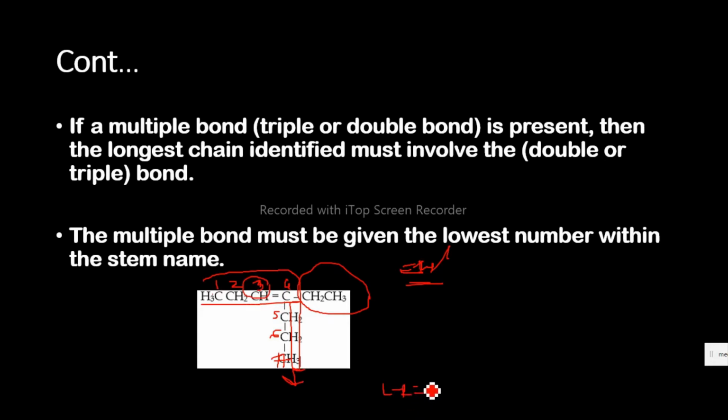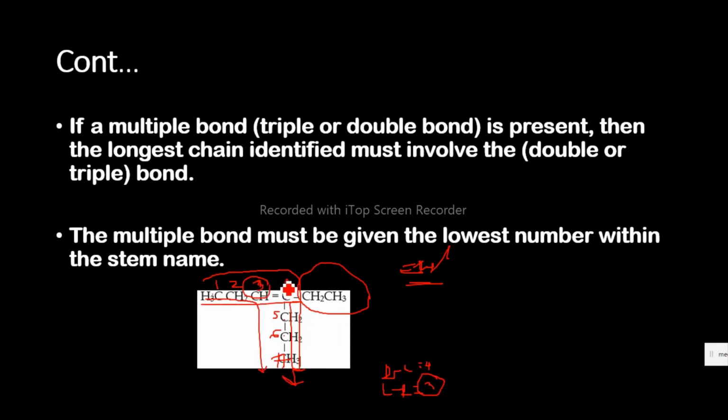But if you count from right to left, the double bond is going to be on carbon number 4. But we take the number that gives us the lowest locant, the lowest position of the double bond. So therefore, we shall take 3. So we shall count from left to right.